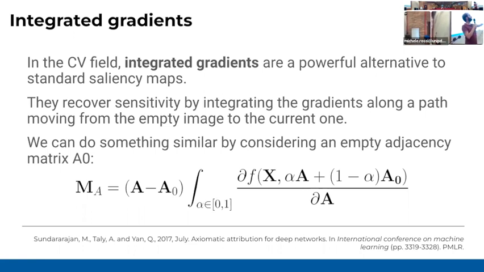Here we have the original adjacency matrix and the empty adjacency matrix. The empty adjacency matrix is just a diagonal matrix where you have absolutely no connections in your graph. Only self-loops. Because sometimes if you also remove self-loops, the network doesn't even work anymore because you have absolutely no more messages. I see.